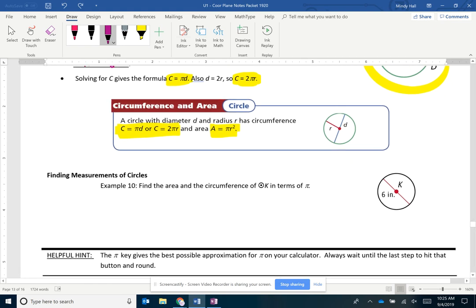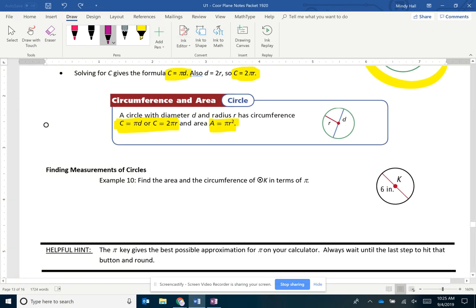So if I wanted to find the area and circumference of circle K, I know that my diameter is 6. Circumference would be pi times the diameter, and in this case, my diameter is 6. Since we want it in terms of pi, I'm just going to leave it as circumference equals 6 pi.